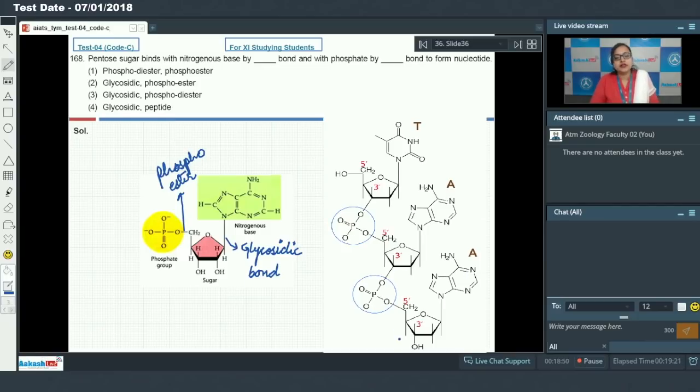And when this one nucleotide binds with another nucleotide, this phosphate group binds with the third carbon of the sugar of another nucleotide by another phosphoester bond. This is another phosphoester bond, and this is also a phosphoester bond.